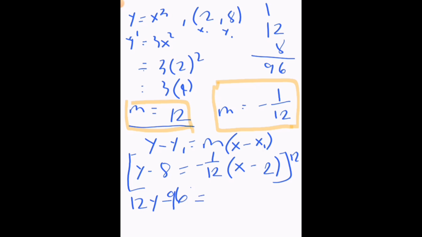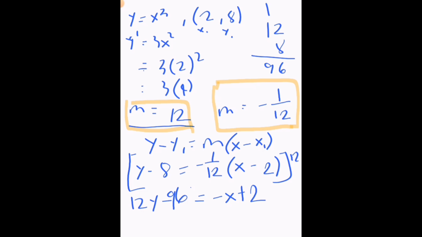And then negative 1 over 12 times 12 would be negative 1, and negative 1 times x would be negative x. Next, negative 1 over 12 times 12 is negative 1, times negative 2, so that would be positive 2.